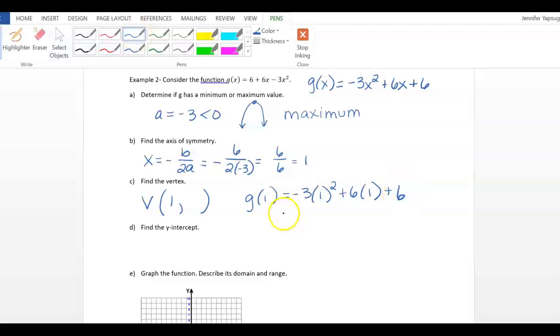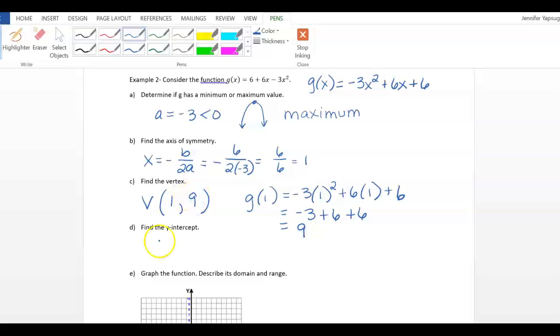Okay, so now let's go ahead and evaluate. So that's going to give me 1 times negative 3, that's negative 3, plus 6, plus 6. So quickly evaluate from left to right. Negative 3 plus 6 is 3, and 3 plus 6 is 9. So therefore my y value is 9. So my vertex is 1, 9.